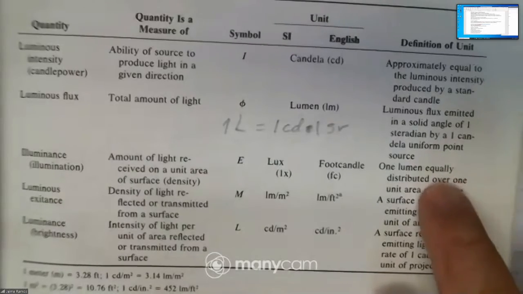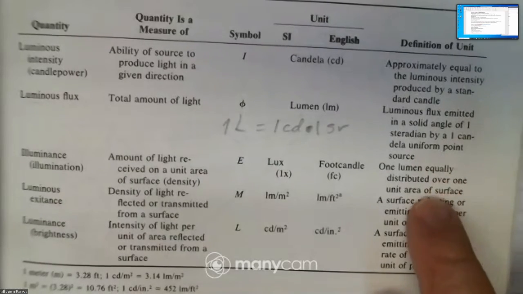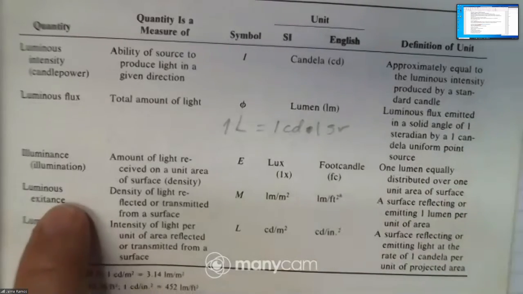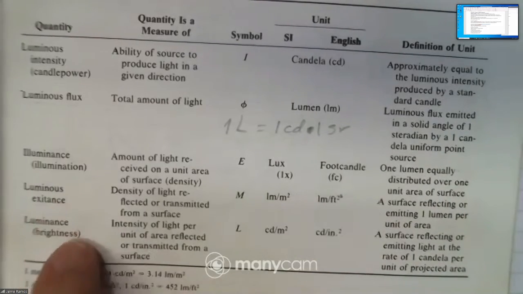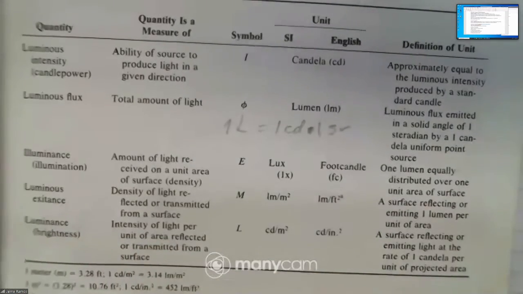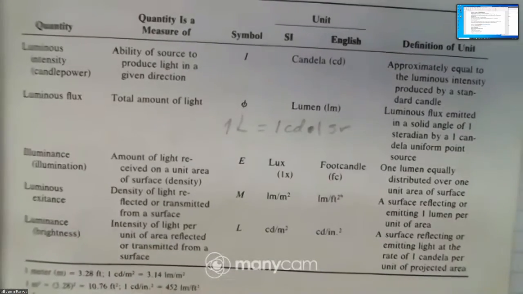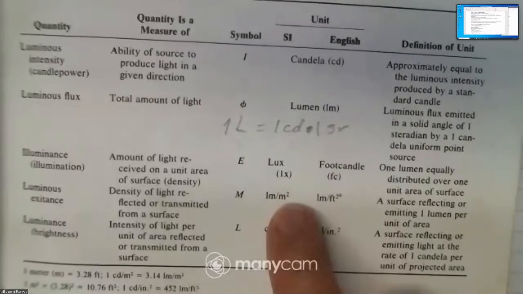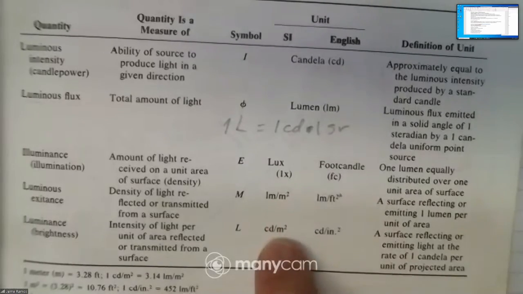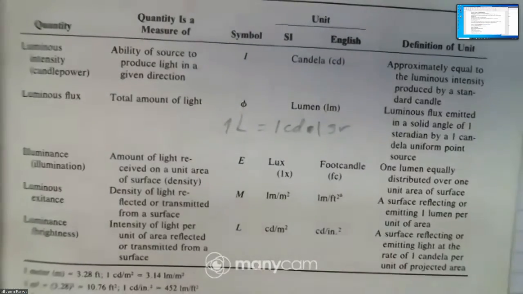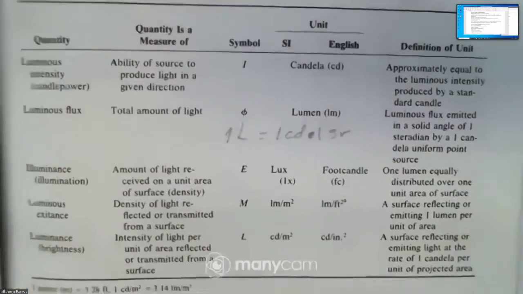So 1 lumen equally distributed over 1 unit area of surface. Then we have luminous excitance and luminance brightness. So they are also lumen per meter squared. Those are luxes. Candles. Okay. So that's here.